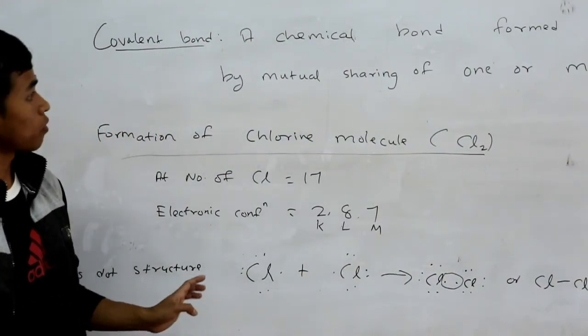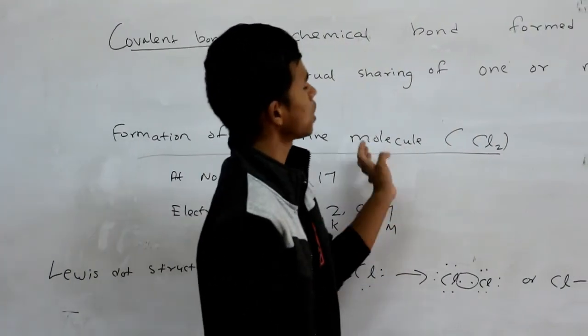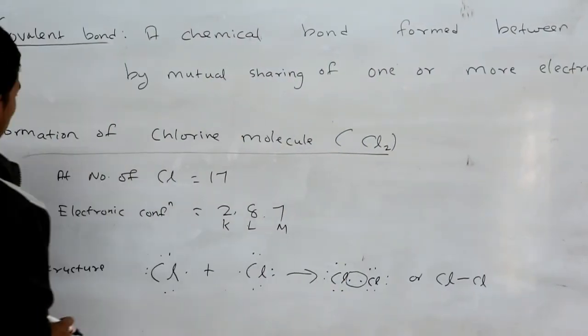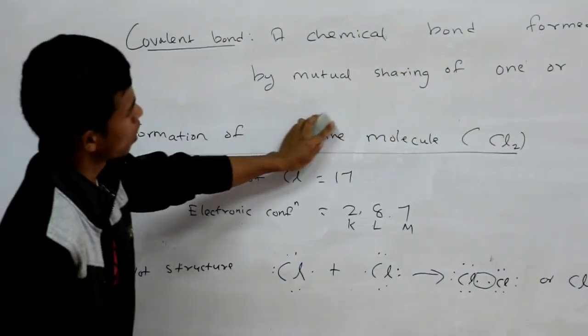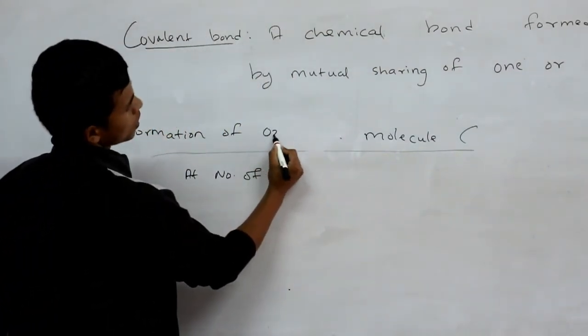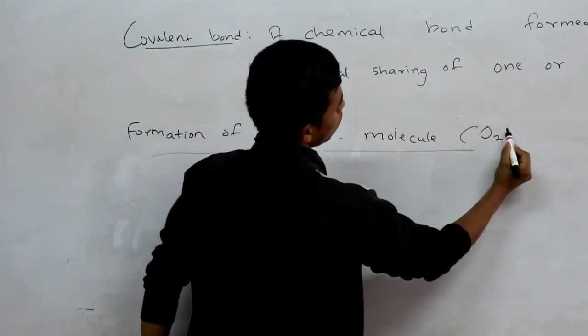But now let's have a look at the case when there is sharing of more than 1 electron pair. So let's look at the formation of the oxygen molecule, O2.